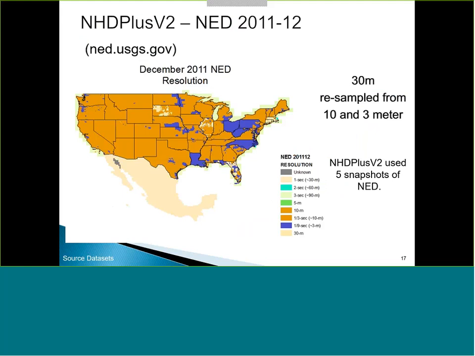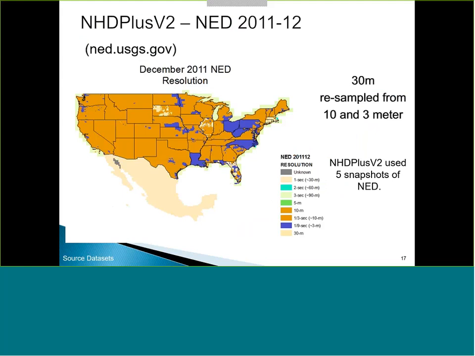The third data set is the NED, or 3DEP. We used a 30-meter processing grid to produce NHD Plus. However, the data is from the best available NED.